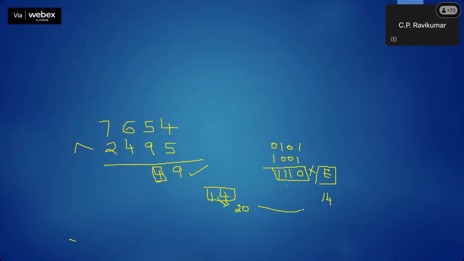So the correction involves adding 6. So if we find that 5 plus 9 resulted in an incorrect BCD number, we will go and add 6. So that will cause a 14 and we will get a carry.